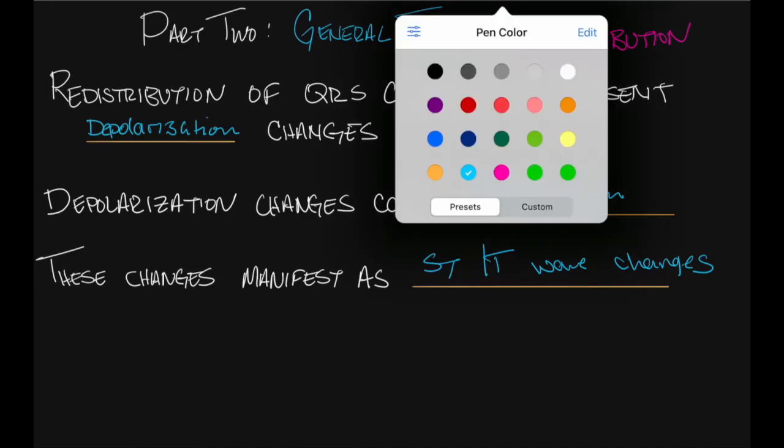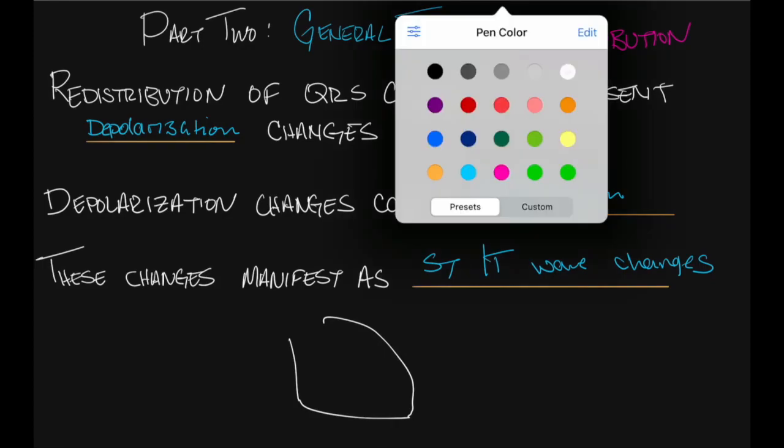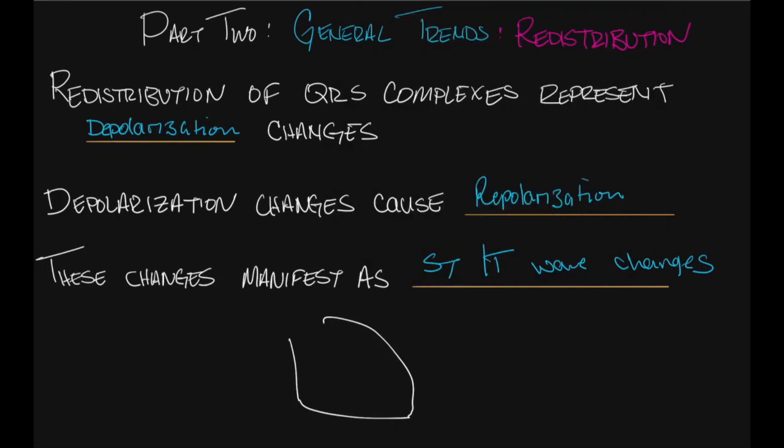So for example, if we have an area of the heart, say the right ventricle, that's being affected by an MI, well, the electrical flow of the heart is the same. It's still this way.